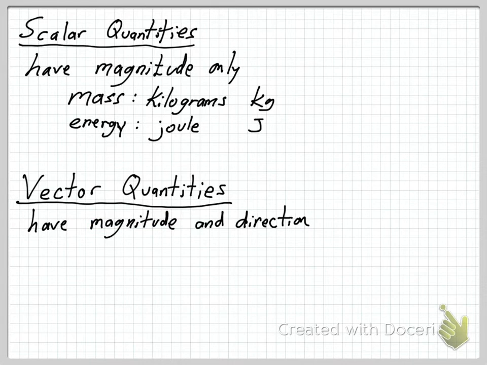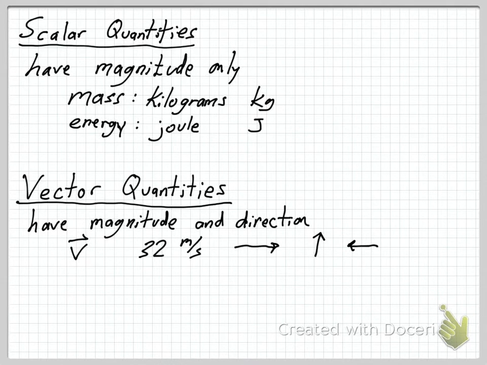What are some examples of vector quantities? Well, velocity is one, and specifically why this is a vector quantity is because it's going to have some number of units. We can just make up 32 meters per second, but that 32 meters per second has to be directed in a specific direction.